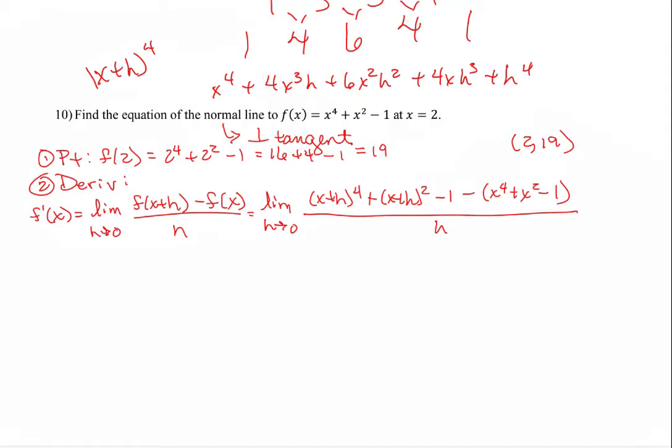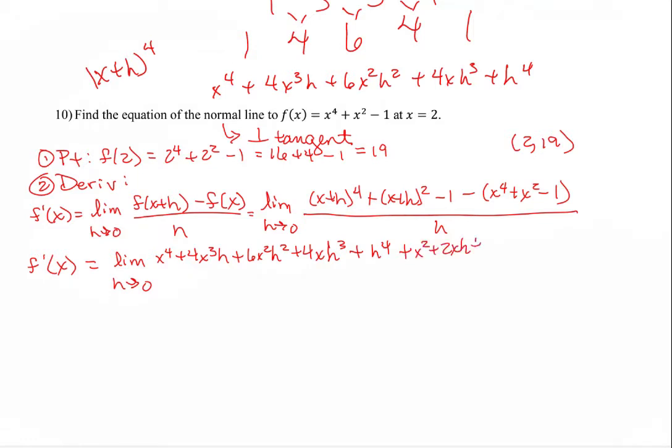Okay? So f prime of x equals the limit as h goes to 0 of x to the fourth plus 4x cubed h plus 6x squared h squared plus 4x h cubed plus h to the fourth plus x squared plus 2xh plus h squared minus 1 minus x to the fourth minus x squared plus 1. Cancel like terms.